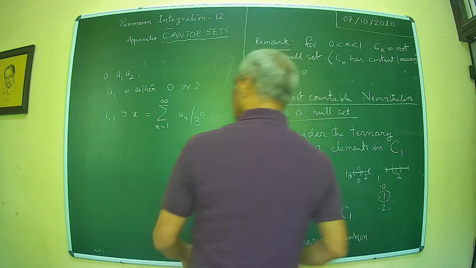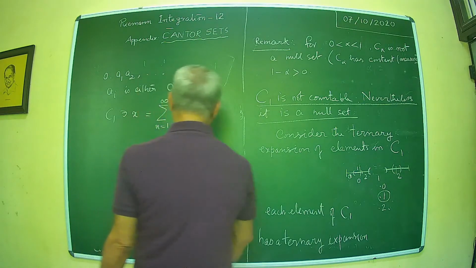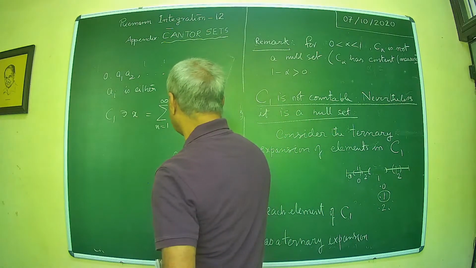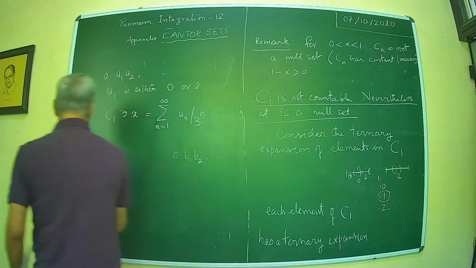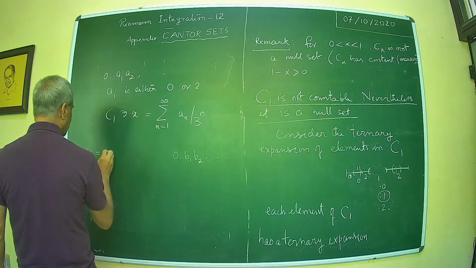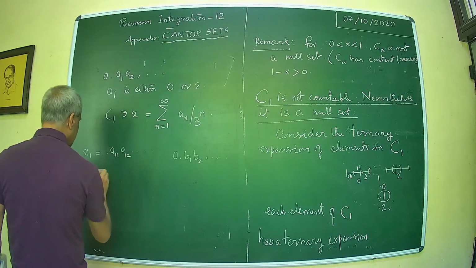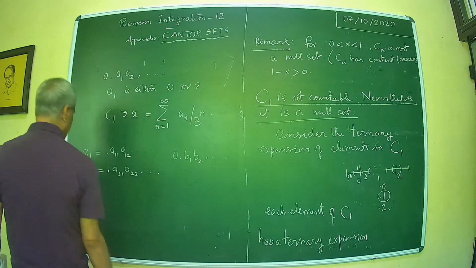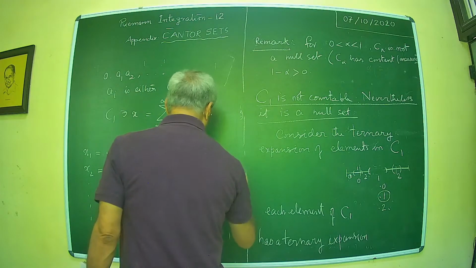So suppose you have listed x1, x2, etc., where x1 is 0.a11 a12 and so on, and all the aij are either 0 or 2.